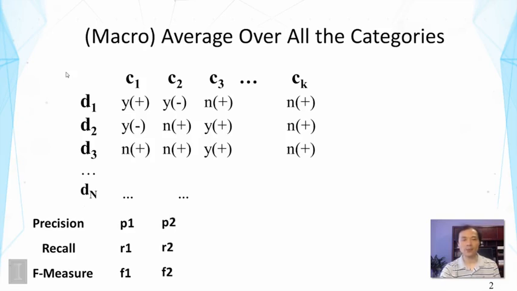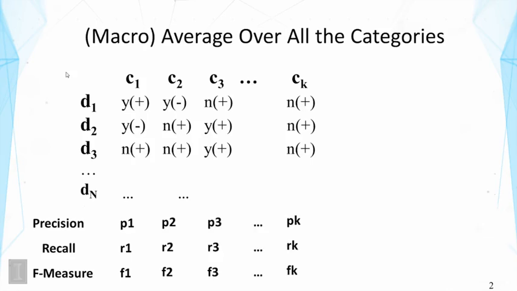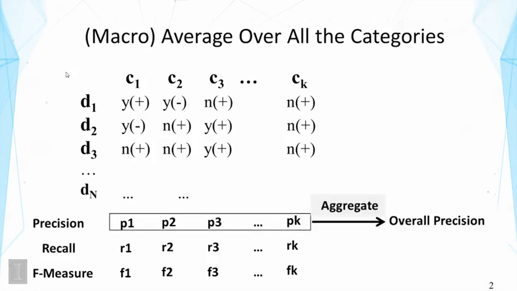And similarly, we can do that for category 2 and all the other categories. Once we compute that, we can aggregate them. So for example, we can aggregate all the precision values for all the categories to compute the overall precision. And this is often very useful to summarize what we have seen in the whole data set.